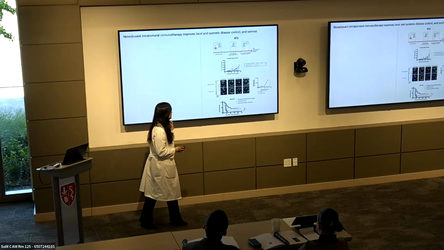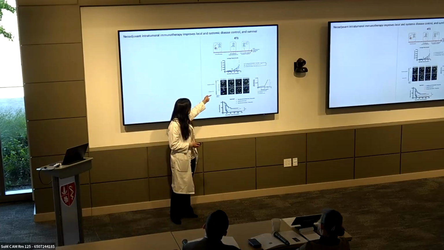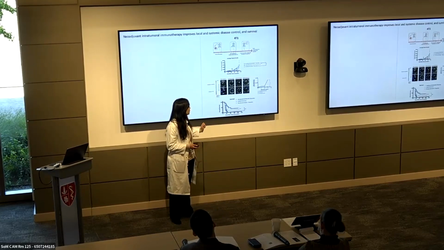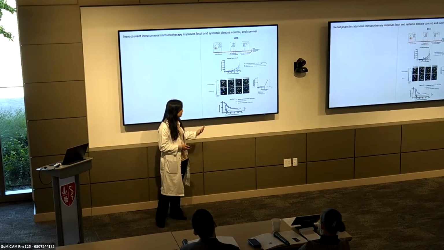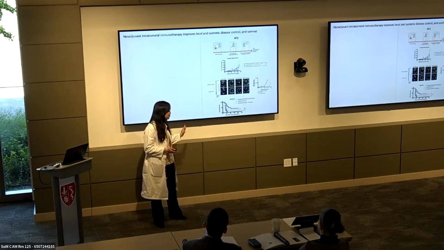Systemically, you can see that mice that were treated with just vehicle had a lot of disease in their liver and lungs, which are the organs that are shown here, whereas the mice that were treated with neoadjuvant immunotherapy had a much lower burden of disease. And again, we found that the mice that were treated with neoadjuvant immunotherapy followed by resection had much better survival compared to the immunotherapy alone versus the vehicle and resection.